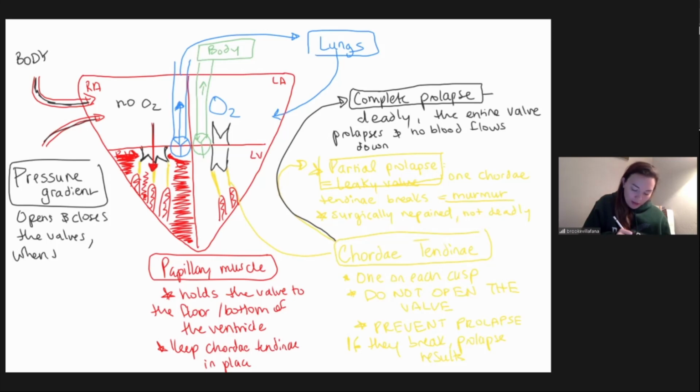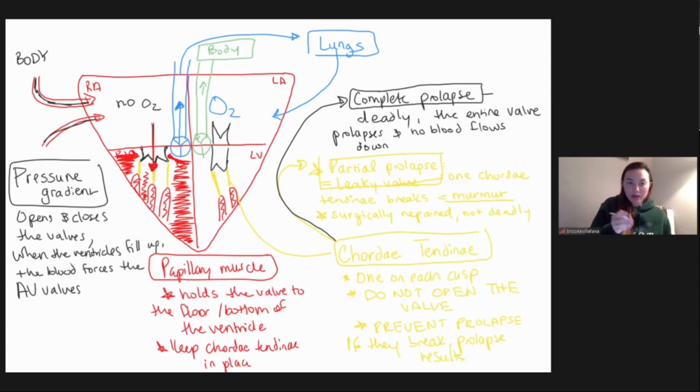So when the ventricles fill up with blood, the blood forces the AV valve. Those are our atrioventricular valves: right atrioventricular is tricuspid, left atrioventricular is mitral or bicuspid. So we just call them together the AV valves. So blood forces the AV valves shut. That's how the AV valves close.